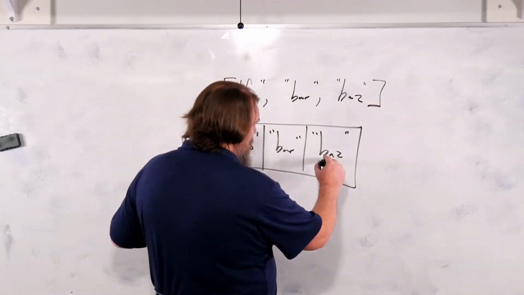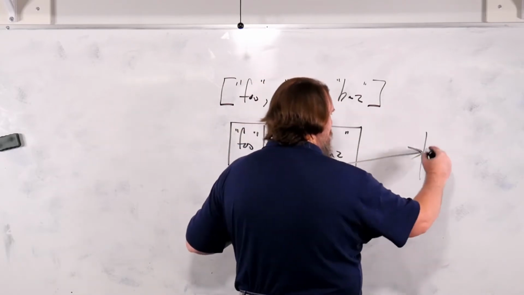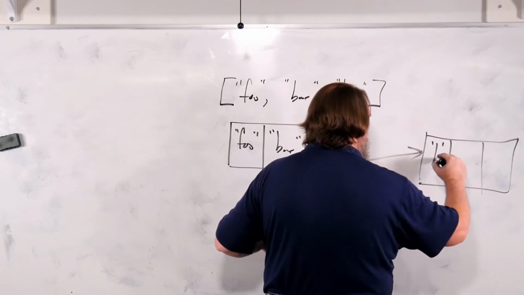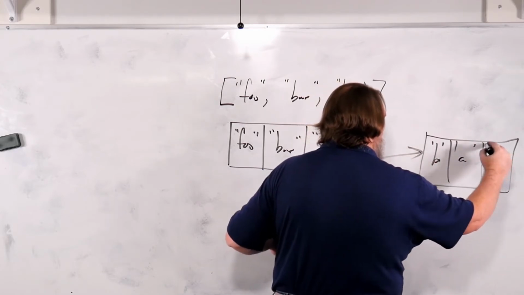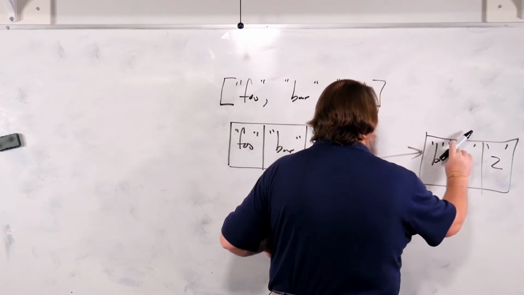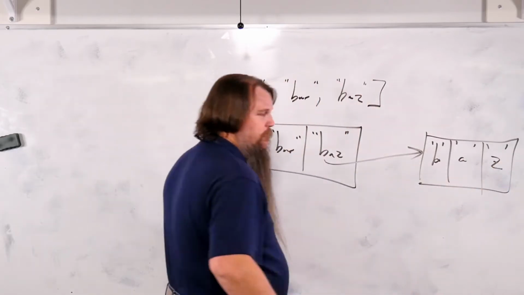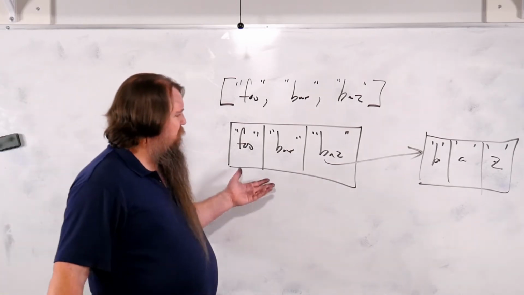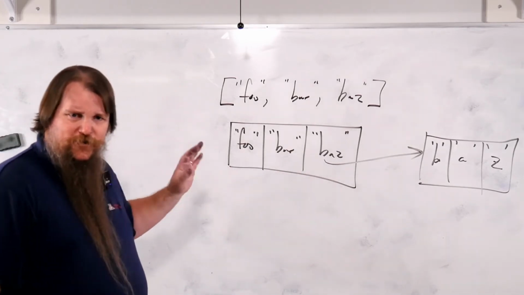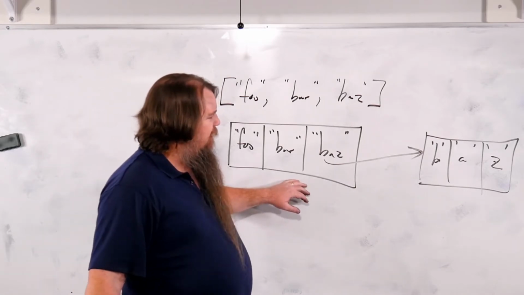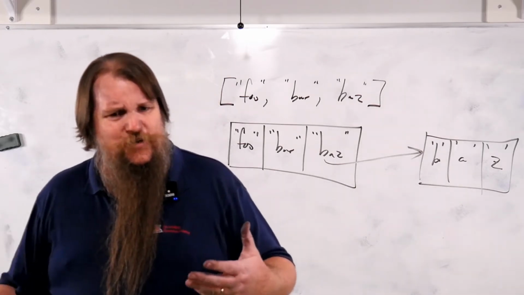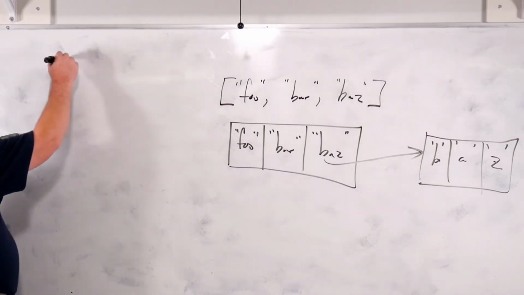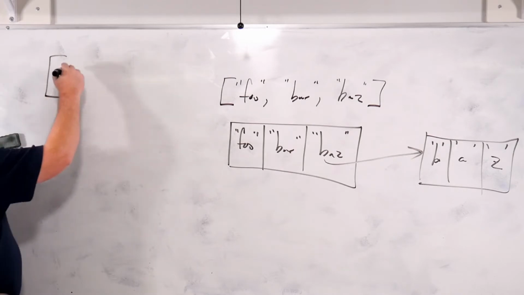This baz, if we go look at the details, really is a 3-element array with the character B, the character A, and the character Z. So while I'm okay with this picture as long as we're talking about strings, really what we've got is arrays inside other arrays. And in the previous video talking about sorting, I gave you an example of that.